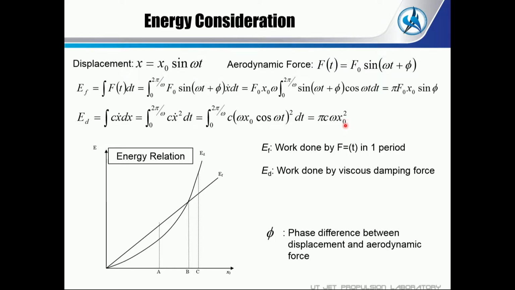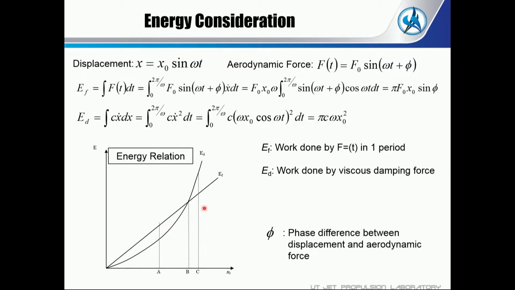So the big difference is that EF is proportional to X0, but ED is proportional to the square of X0. If we draw the graph of E against X0, we have these curves. This is EF, proportional to X0, and this is ED, proportional to X0 squared.